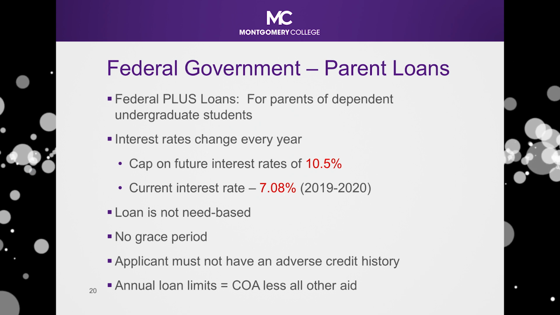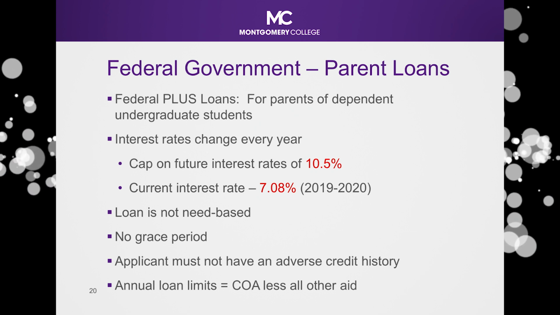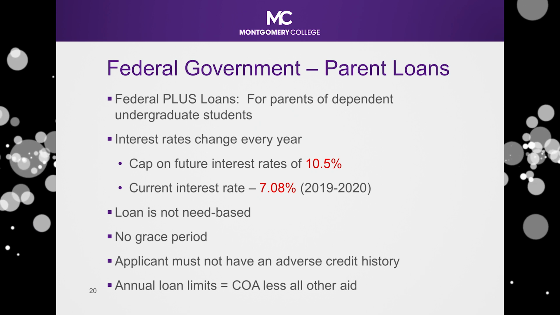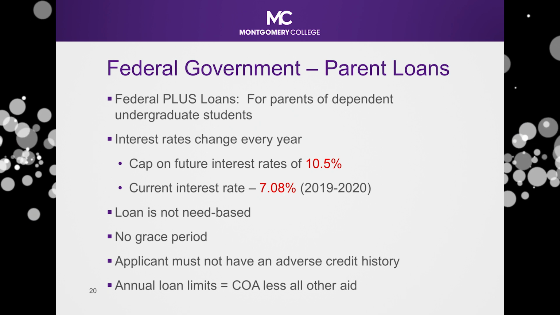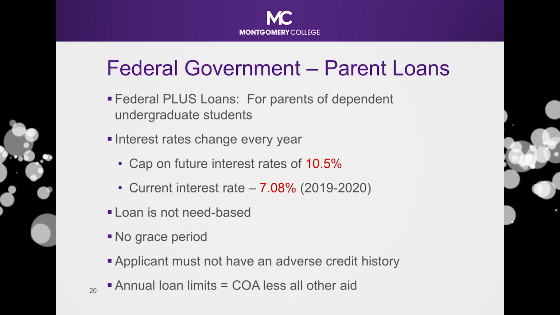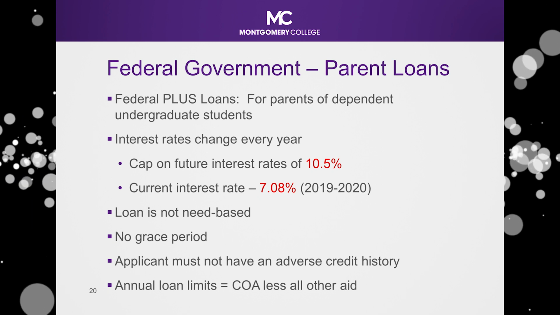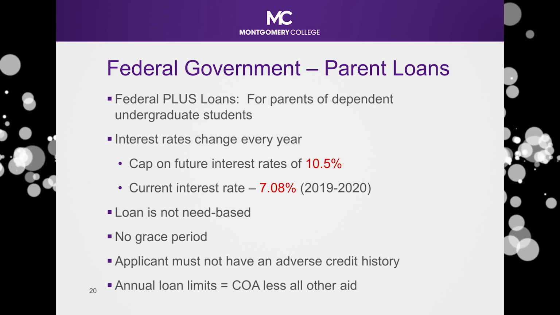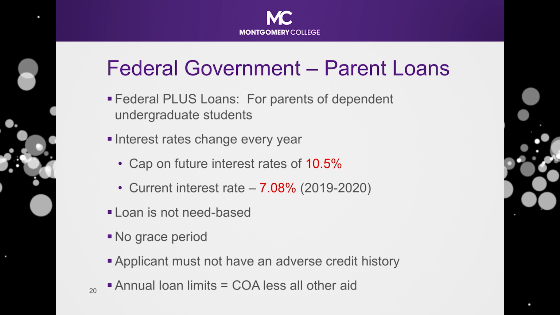But one of the things you need to look at again is how much you borrow. The annual loan limits equal the cost of attendance less any other aid. So remember we talked about cost of attendance in the beginning? All those different variables about how much it costs to go to school? Whatever other aid your student is getting is subtracted from that, and then the difference you can get in a parent loan.